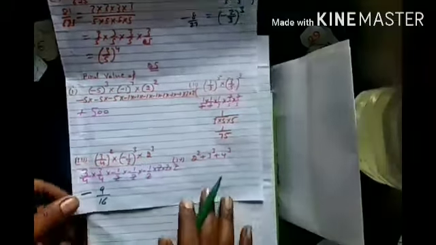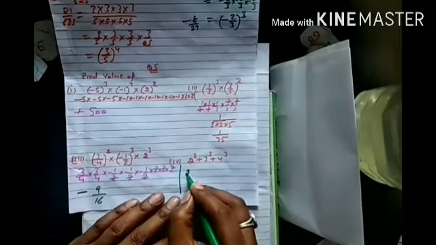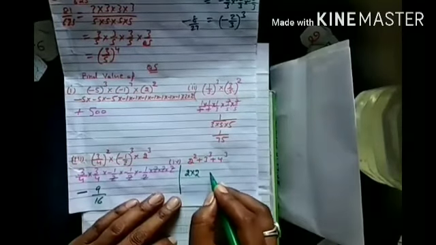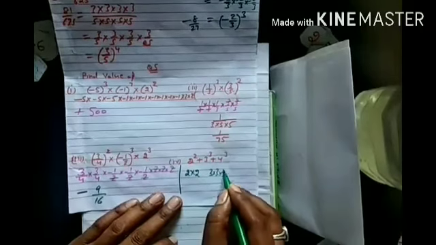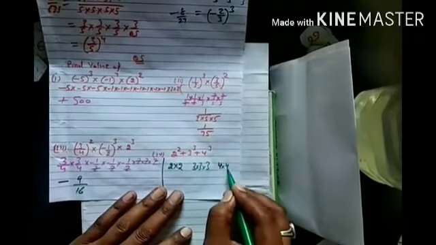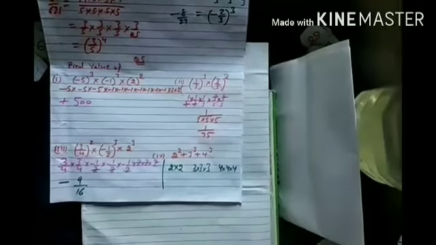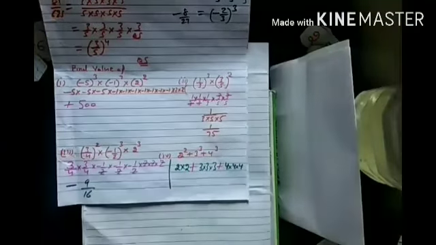Here 2 square, what is the meaning of 2 square? It means 2 multiply 2. What is the meaning of this? 3 multiply 3 multiply 3. And what is the meaning of 4 cube? 4 multiply 4 multiply 4. Okay.